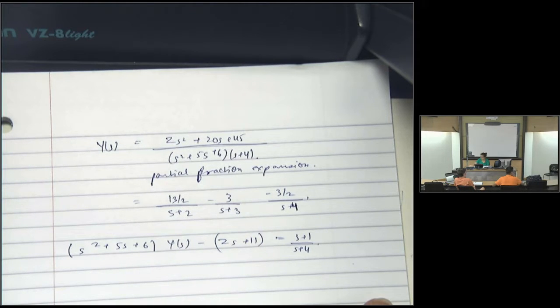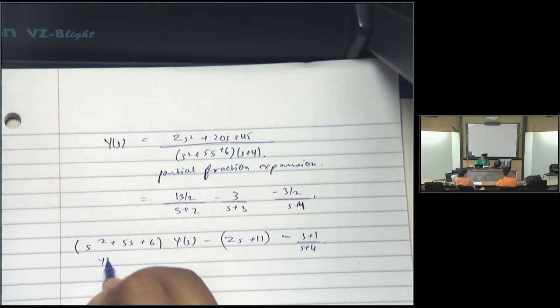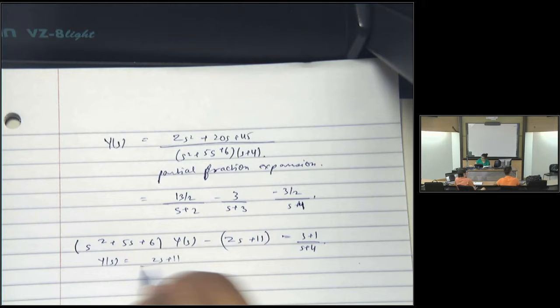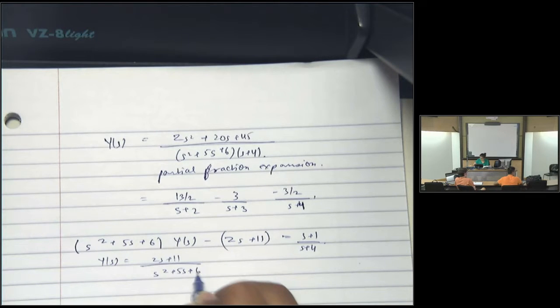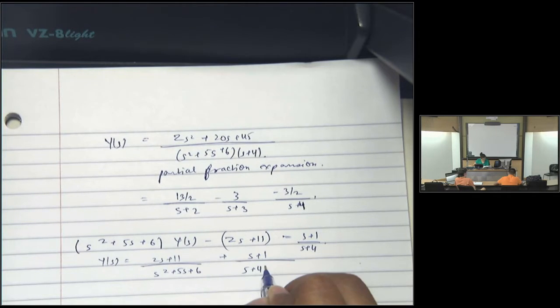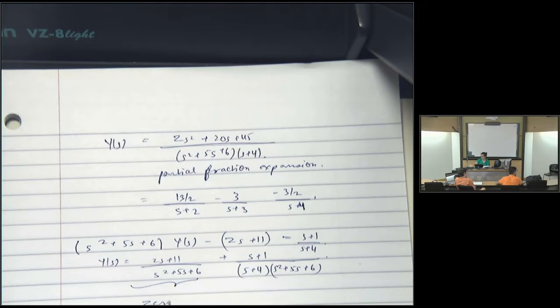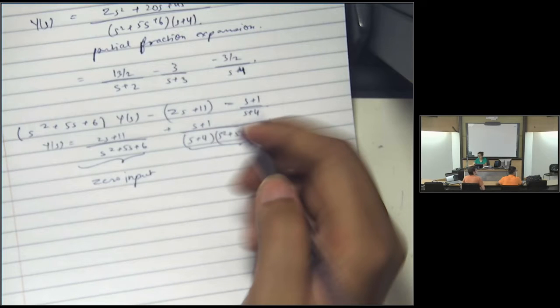Taking this term on the right hand side will give me (2s plus 11) over (s square plus 5s plus 6) plus (s plus 1) over (s plus 4)(s square plus 5s plus 6). This is my zero input, and the second term is my zero state.